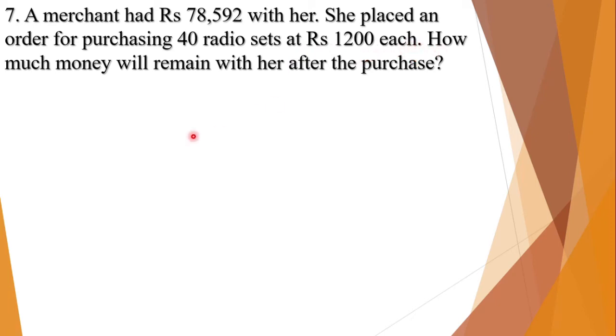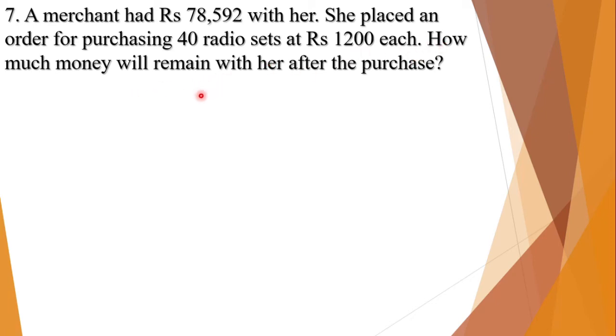How much money will remain with her after the purchase? The cost of one radio set was rupees 1,200. So how much money will remain with her after the purchase?